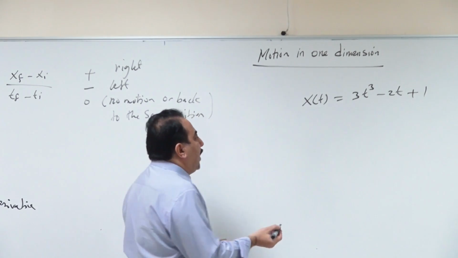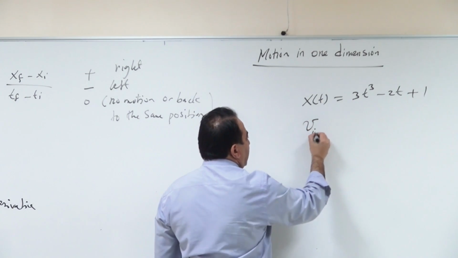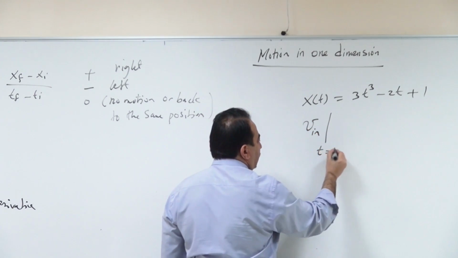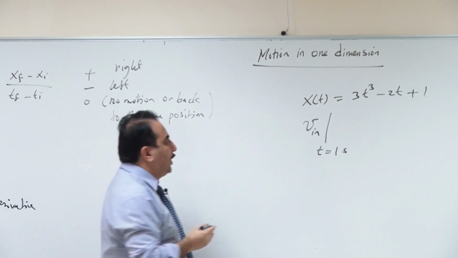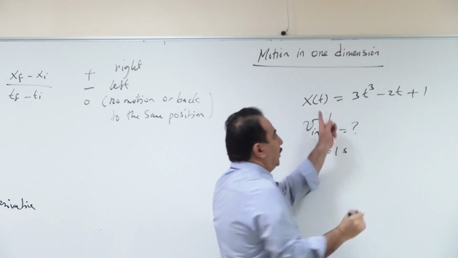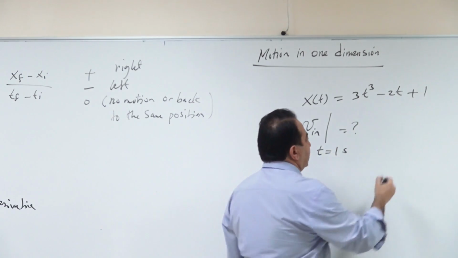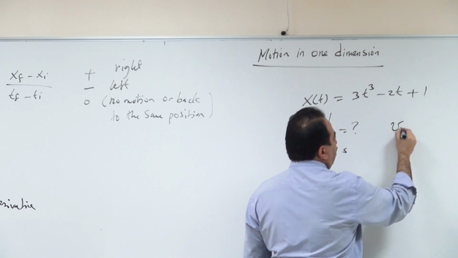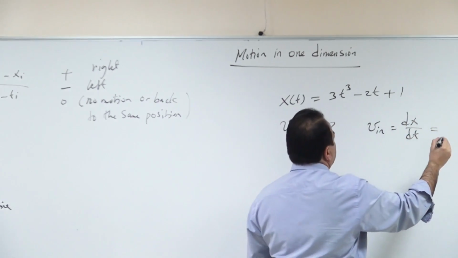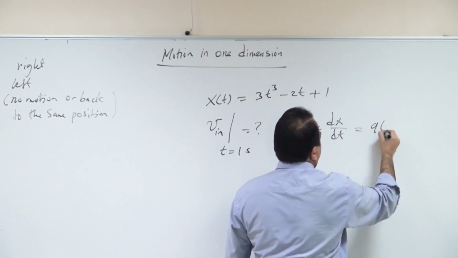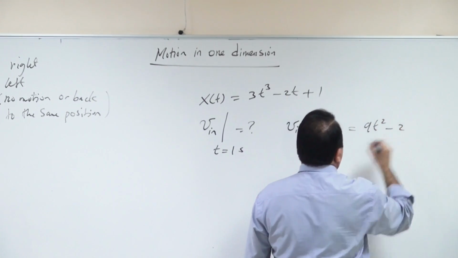So if I want to find the instantaneous velocity at t equal 1 second, as an example, what do I have to do? Take the derivative of the x of t function. It's v. So v instantaneous is dx over dt, and this will be 9t squared minus 2.